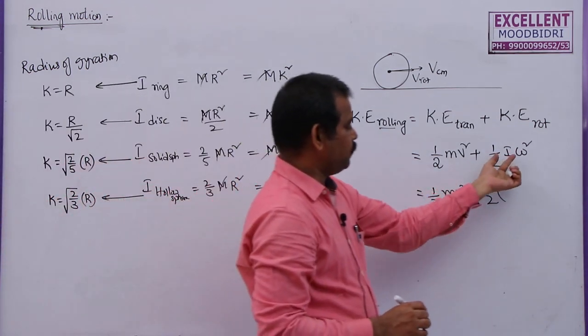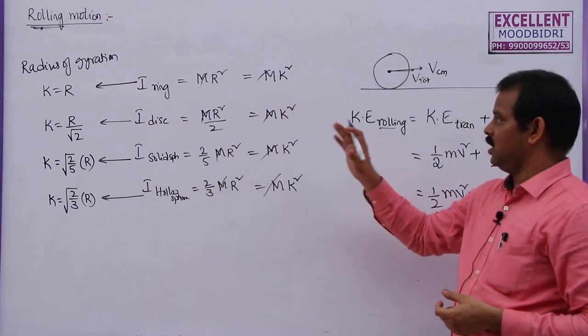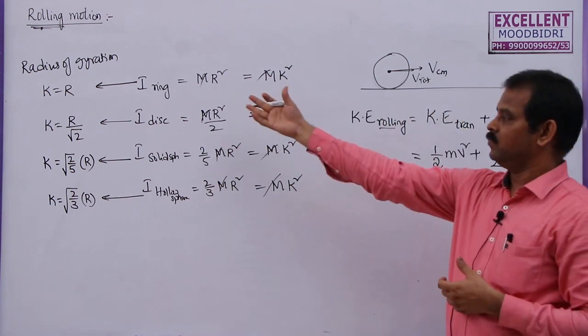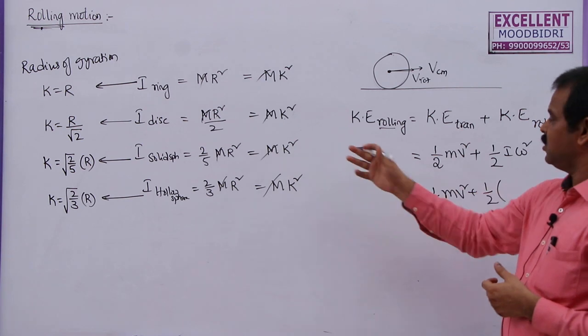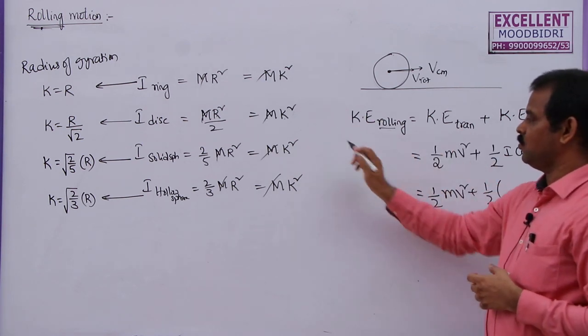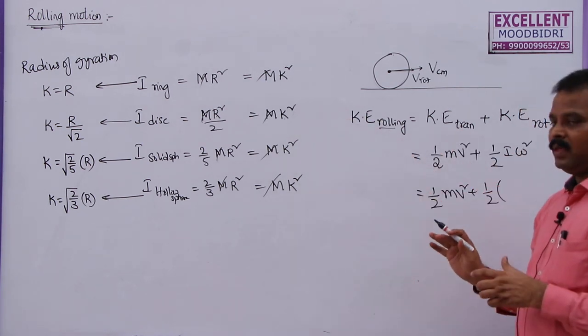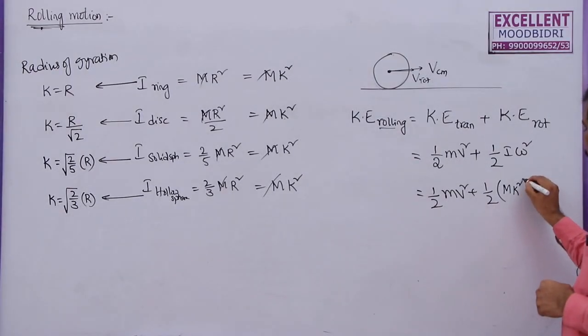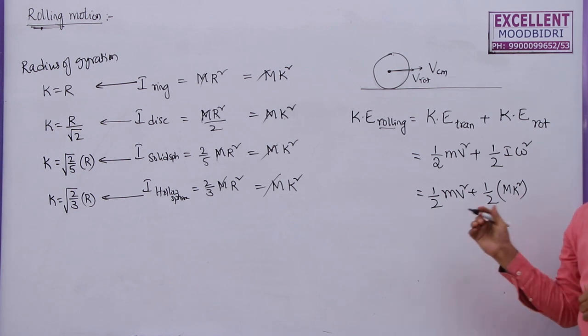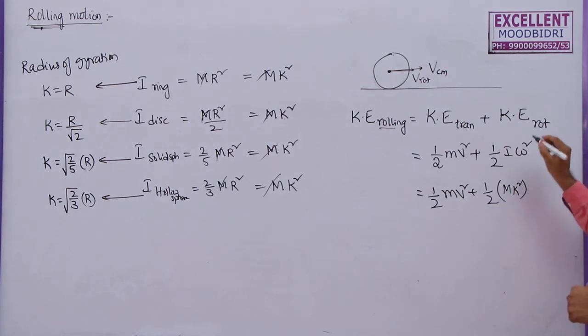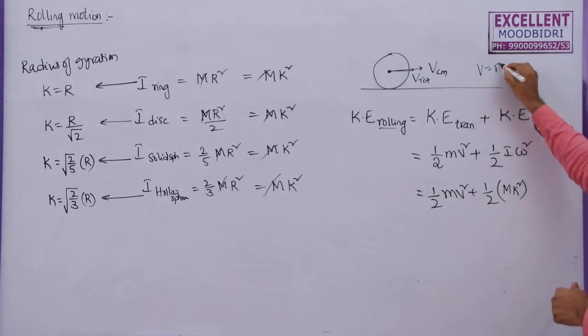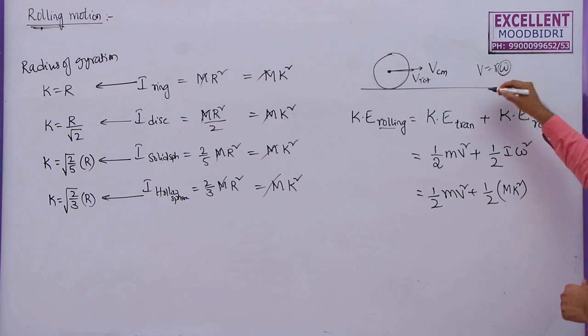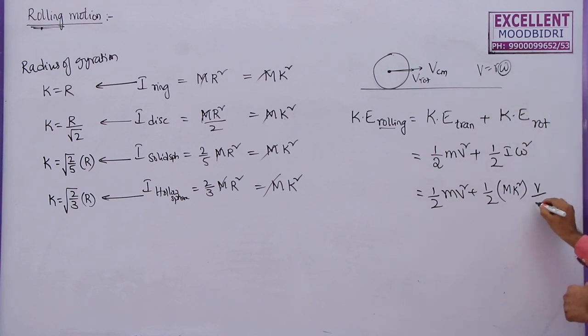Here, in place of I, if I write mr square, then I can use this formula only for a ring. If I write mr square by 2, then I can use this expression only for a disk. That's why I am going to derive a common equation, half m k square omega square. We know that V is equal to R omega, so omega is equal to V by R, and omega square is V by R whole square.